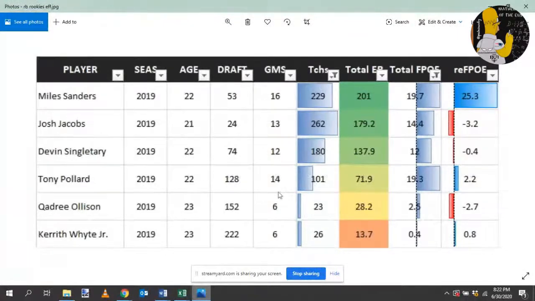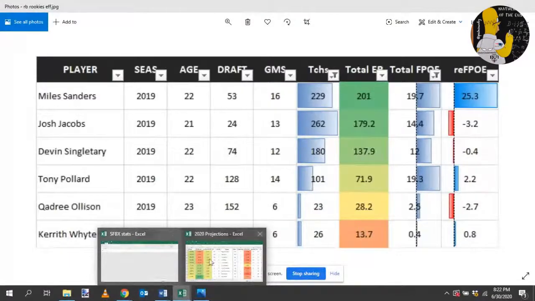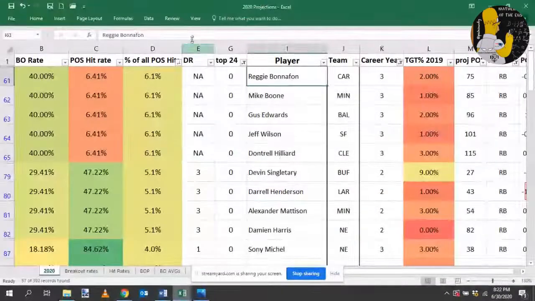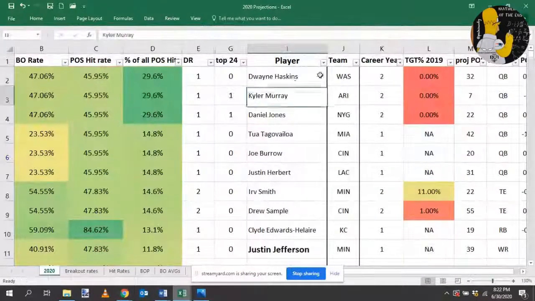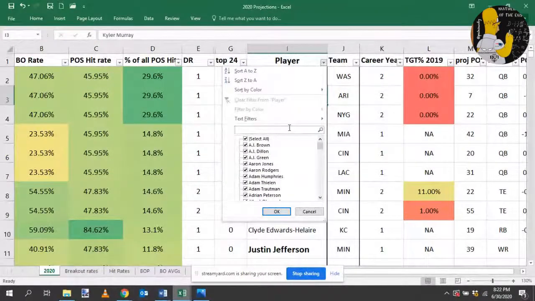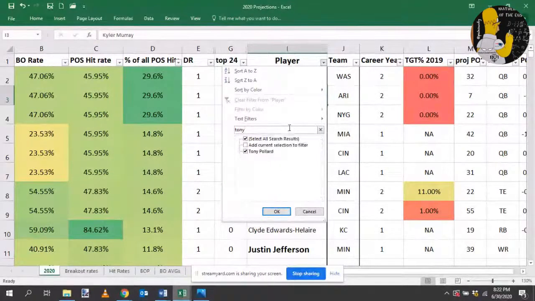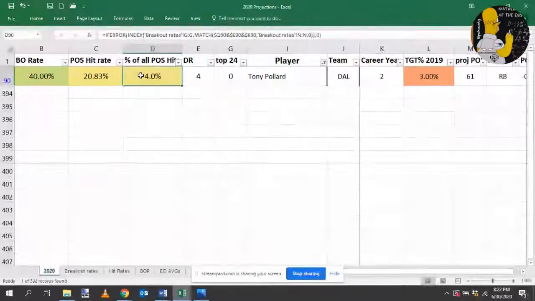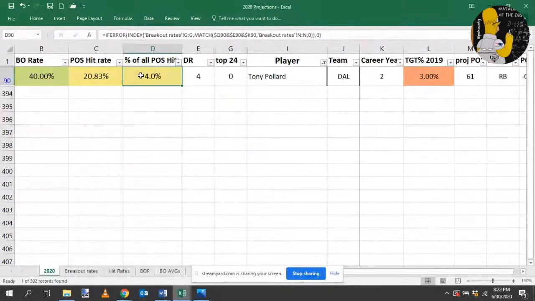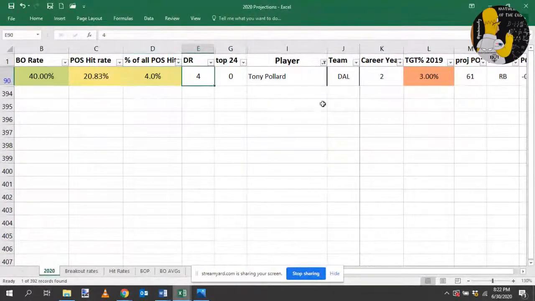Now, Tony Pollard, if I can skip back over to here. Tony Pollard as a breakout candidate just based on his draft year and his draft capital actually has a 4% commonality. 4% of breakouts actually happen at the running back position when they are fourth round draft picks going into their second year.